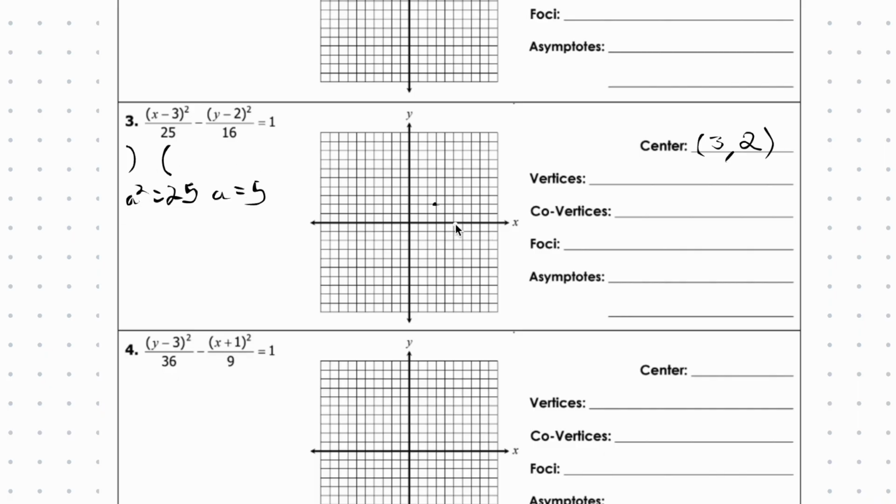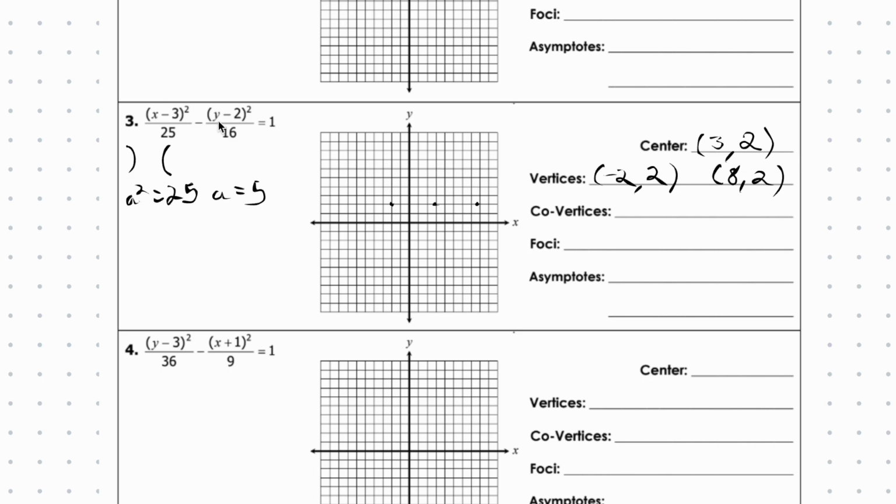Since this is a horizontal hyperbola, we're going to be going left and right 5 units. If we go left 5 units, we end up at the point negative 2, 2. If we go right 5 units, we're going to end up at the point 8, 2.